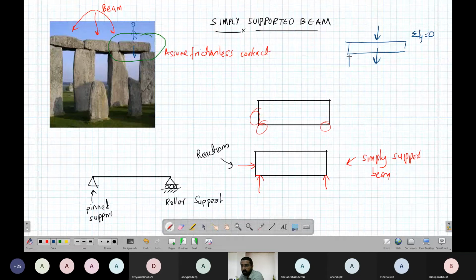There is some contact here, and whatever stone is here gives what is known as a reaction, a force in the opposite direction. This one also gives some reaction. Since this reaction equals the force, it is not moving downward.